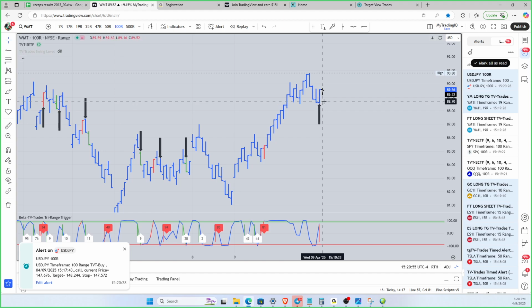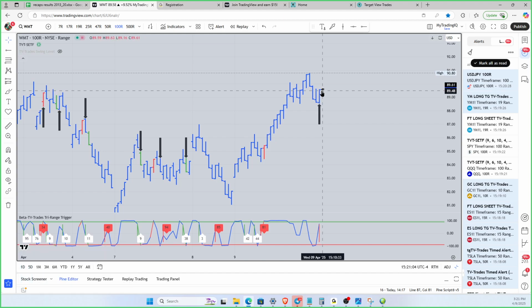If it's options that you're playing, do the 1DTE options, and they'll be priced pretty low at the end of the day to be expiring the next day. And usually by the next morning, you have a really good gain.